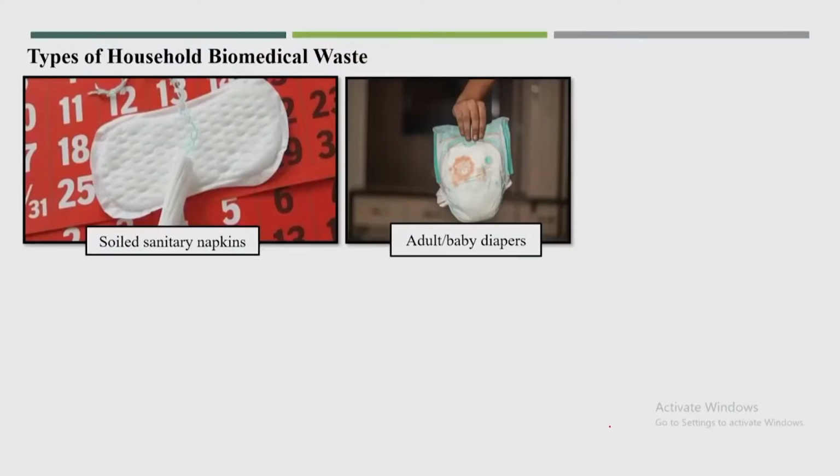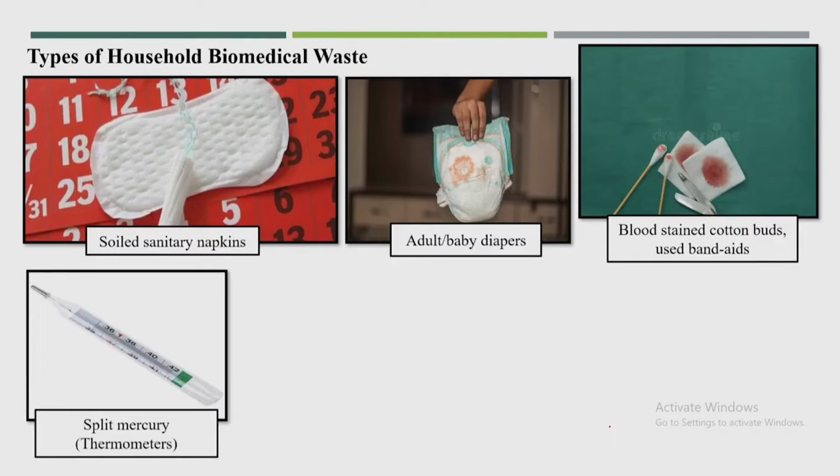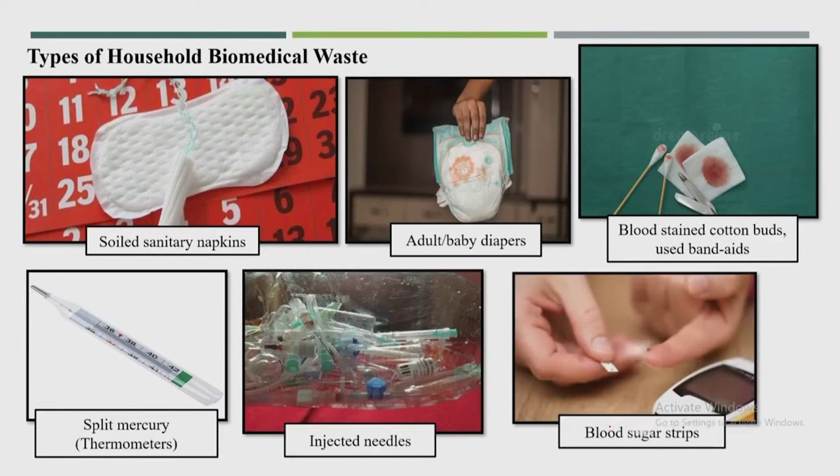Okay. So, this comes under household hazardous waste. Next are adult or baby diapers, blood cottons, spilled mercury from thermometers, injection needles, and blood sugar strips. These also contain blood.